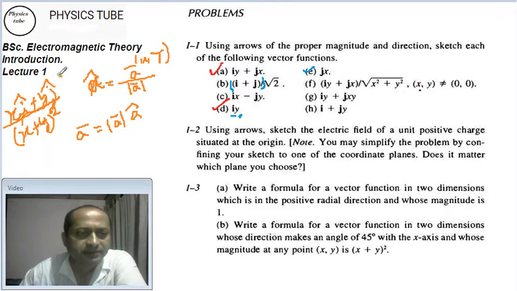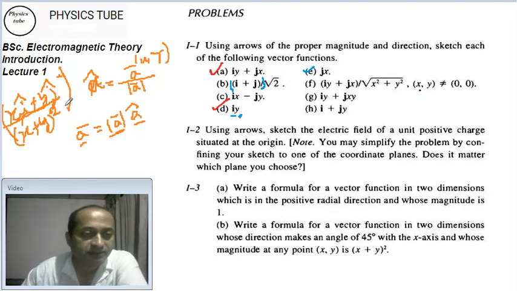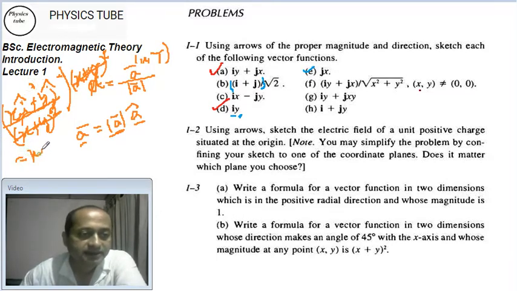Unit vector multiplied with the magnitude of the vector will give you the vector. If this unit vector is multiplied with the magnitude, that is (x plus y) whole squared, then of course these will vanish and this remains. So the equation is xi plus yj.